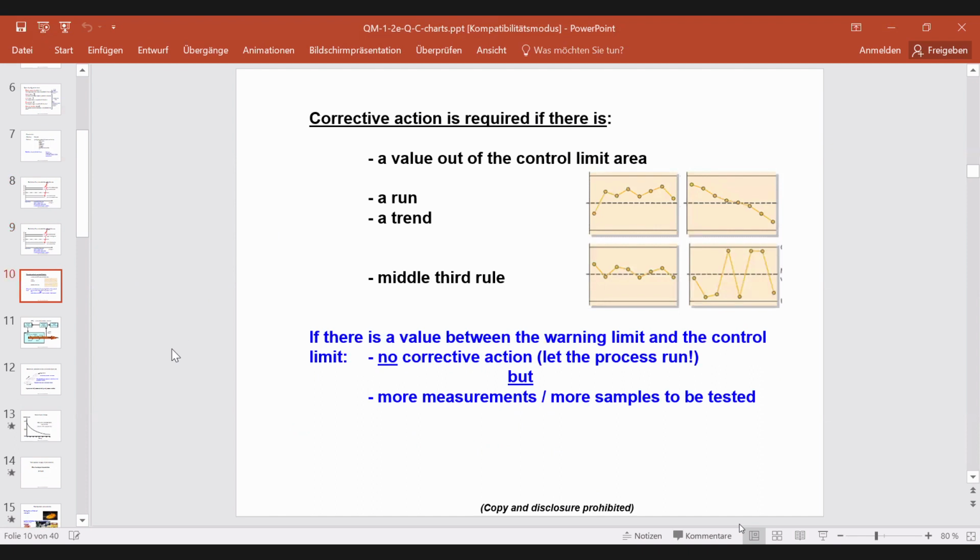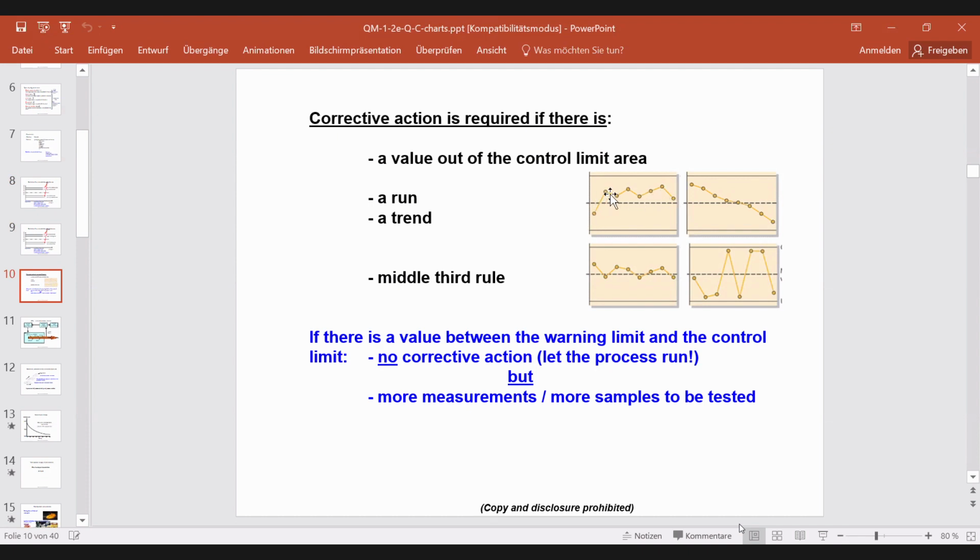There are some other things you have to know if you work with a computer-aided quality system, a CAQ system. Then you get an alert if you have a run or a trend.